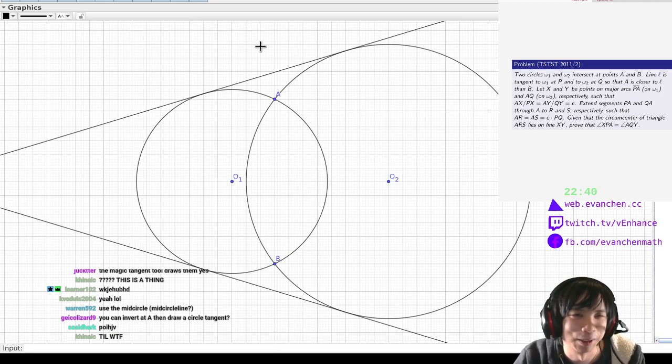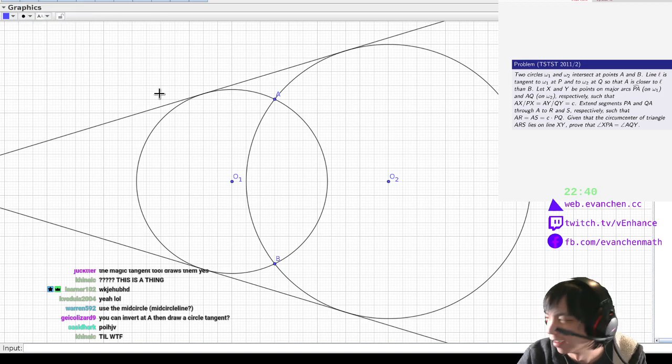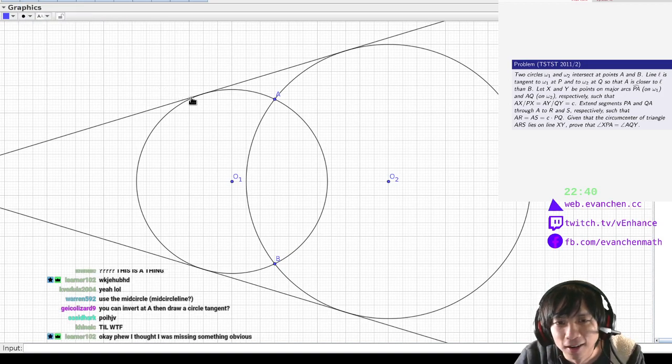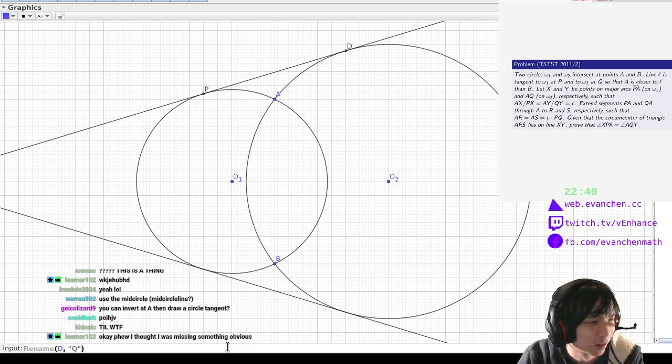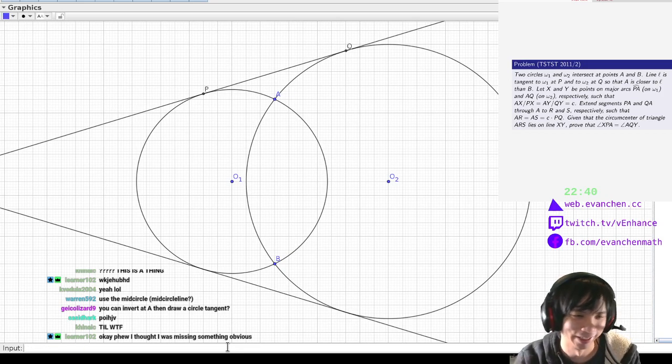Yeah, I didn't know that was a command either, because the picture for the command shows a point.